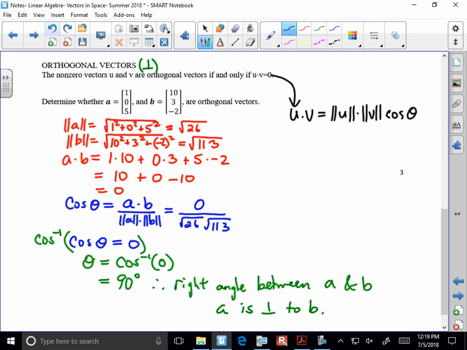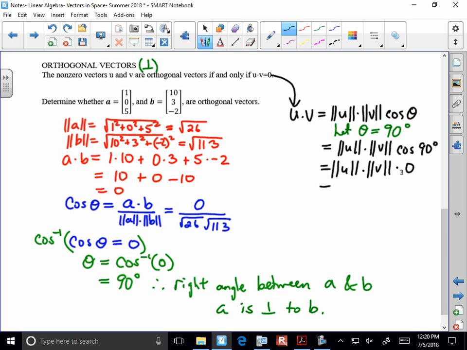So the angle separating them. So if we let the angle separating the two vectors be equal to 90 degrees, then we're looking at the magnitudes of U and V multiplied by the cosine of 90. And the cosine of 90 is equal to 0, so the result is equal to 0.